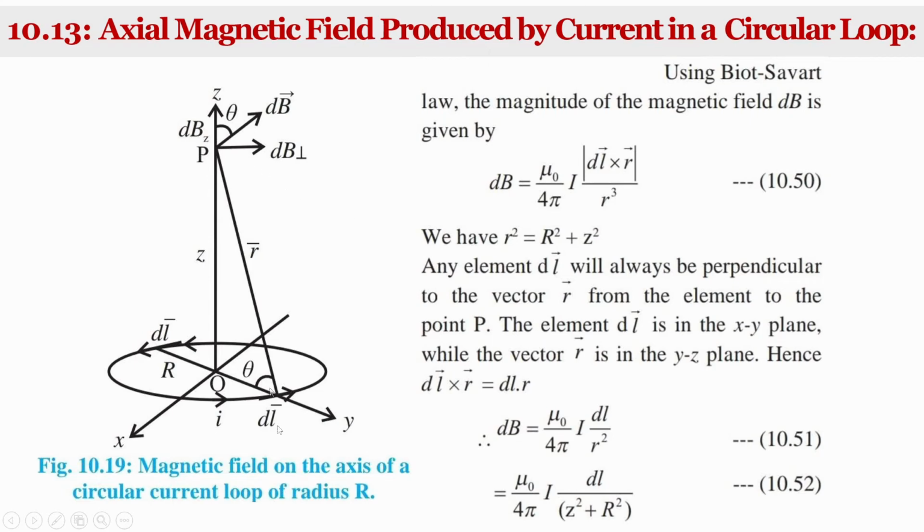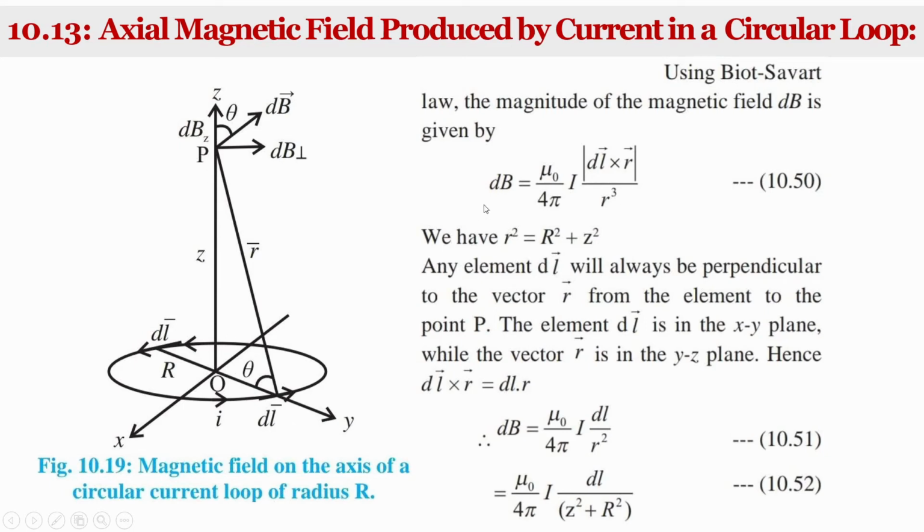Hence dl cross r can be written as dl times r.